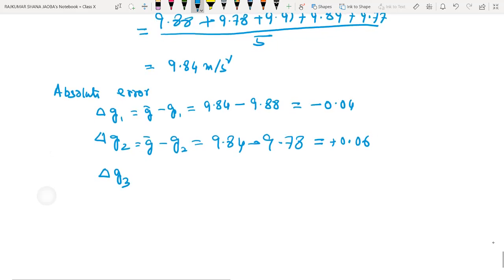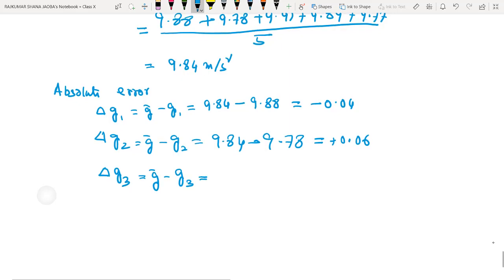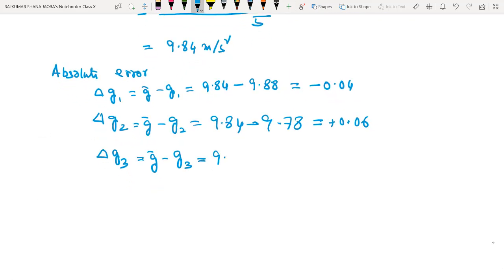Delta G3 is G bar minus G3 equal to 9.84 minus 9.91 equal to minus 0.07.